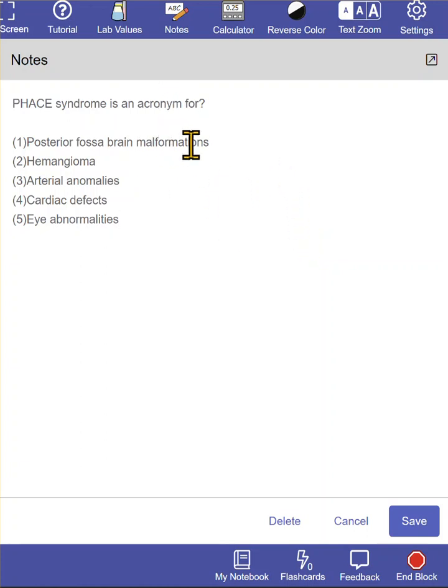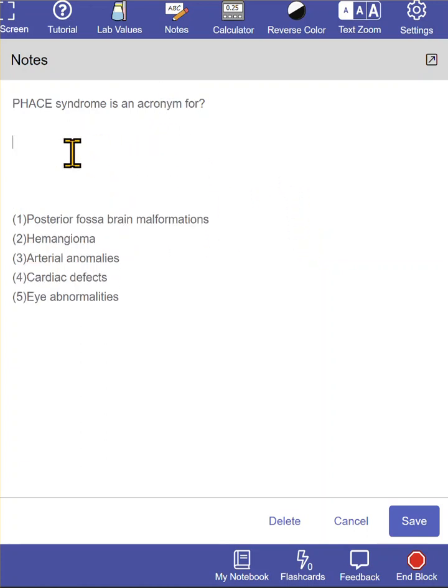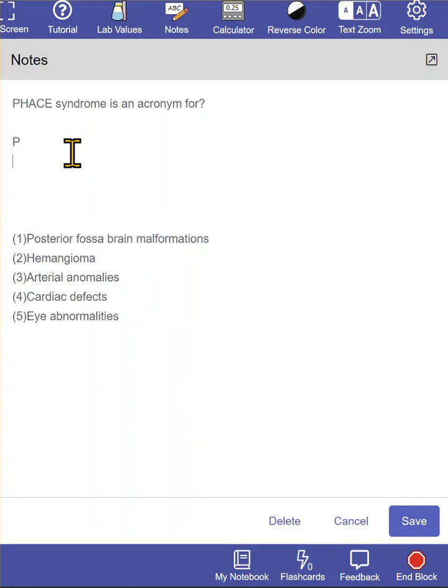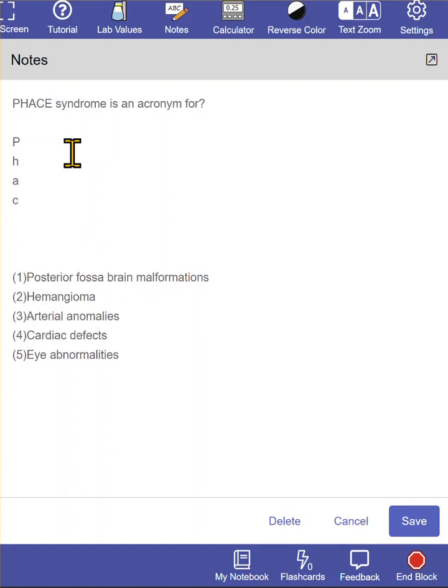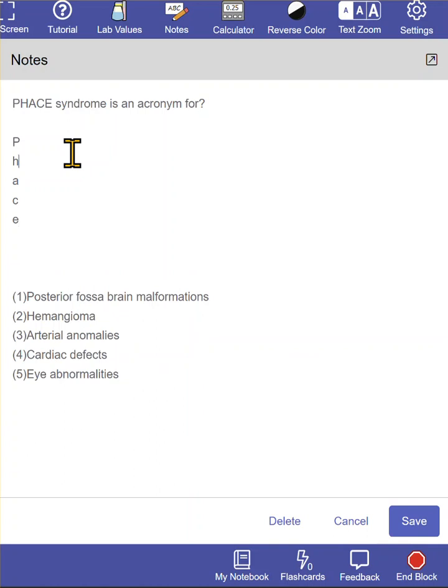So what I like to do with lists like this is I like to create a little P, H, C, E, just so I can remember later when I go over it.